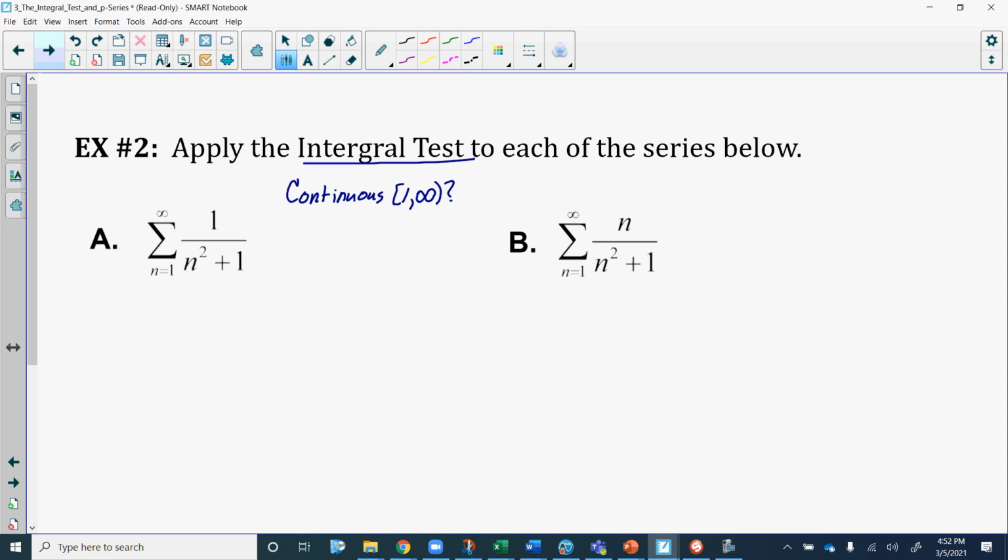Is the sequence, or the series, the numbers that we're going to be getting, positive? And is the overall sequence decreasing? So those are the three things that we're checking to see, can I even use the integral test? Because if it fails even one of these things, then the integral test doesn't work.